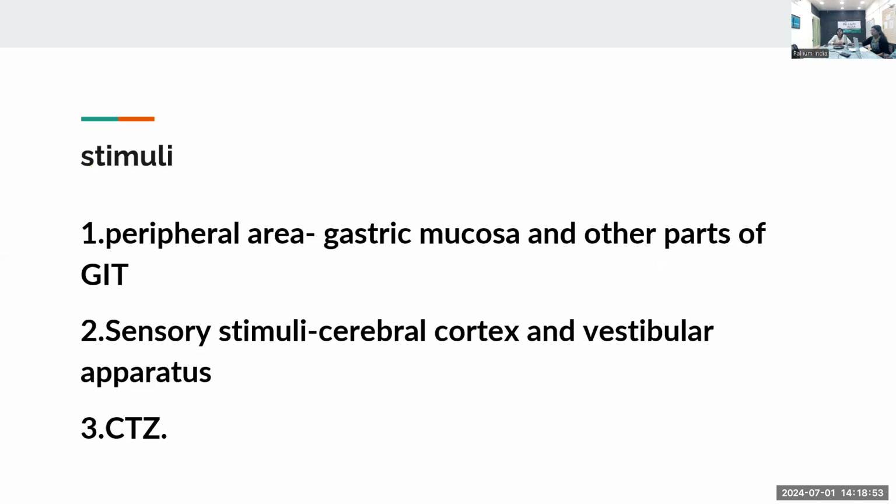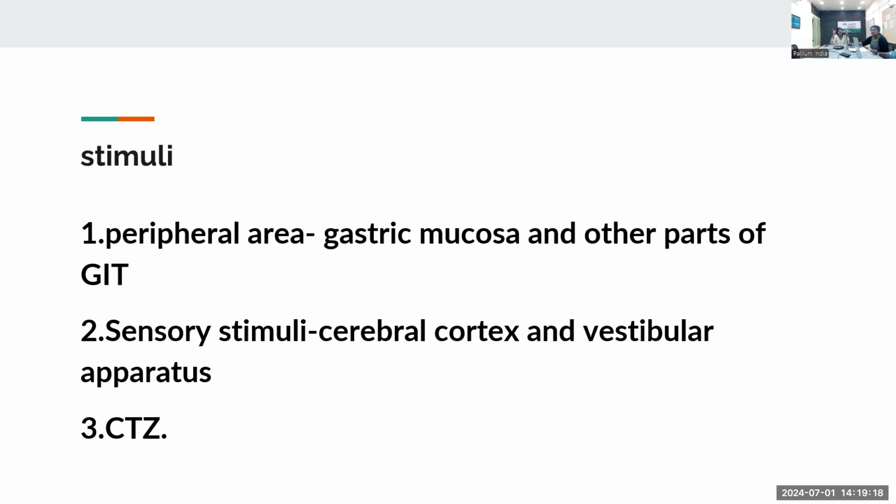Now, where are the different stimuli? We talked about so many causes in the previous slide. But the main areas from where we get the stimuli are, one, the peripheral area, like the gastric mucosa and other parts of the GIT. So we get stimuli from peripheral areas and central areas.